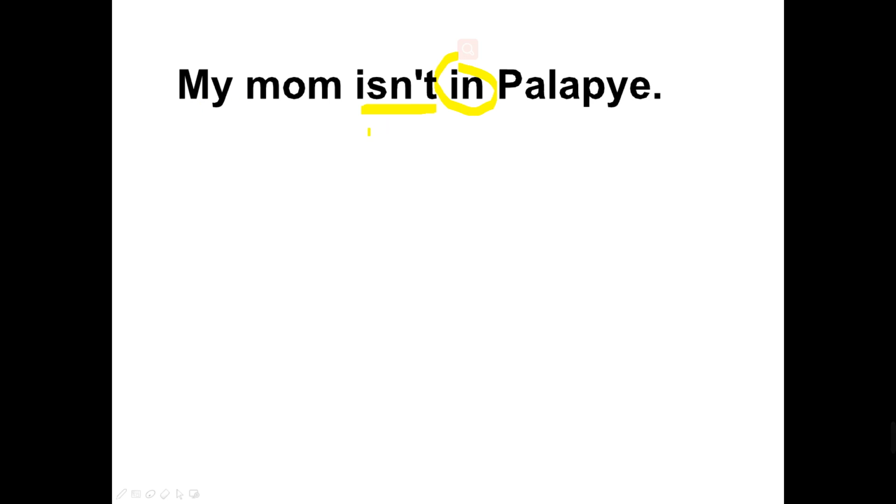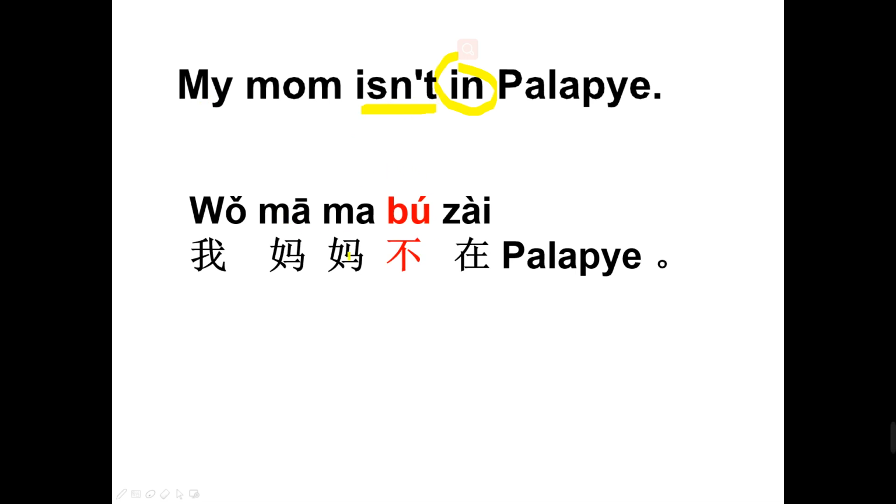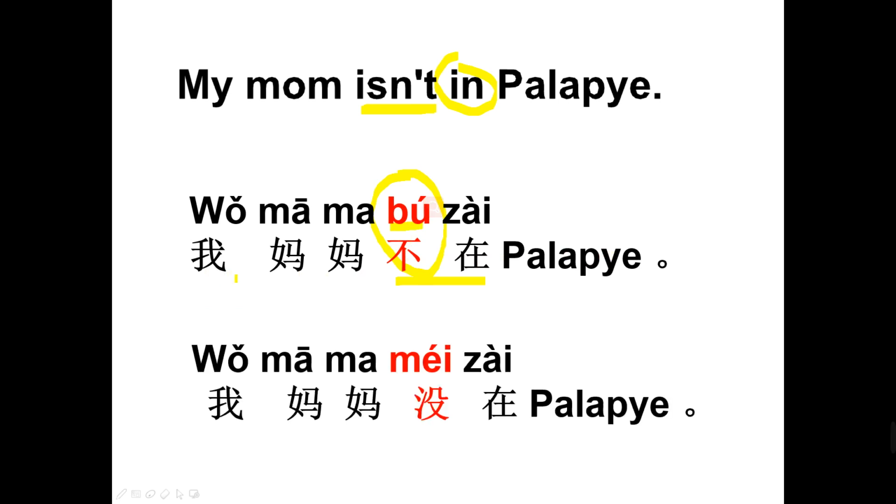But for the negative form, isn't we can say 不在. We can use 不. Please pay attention to the tone of 不, the second tone. 我妈妈不在帕拉佩. And we can also say 我妈妈没在帕拉佩.